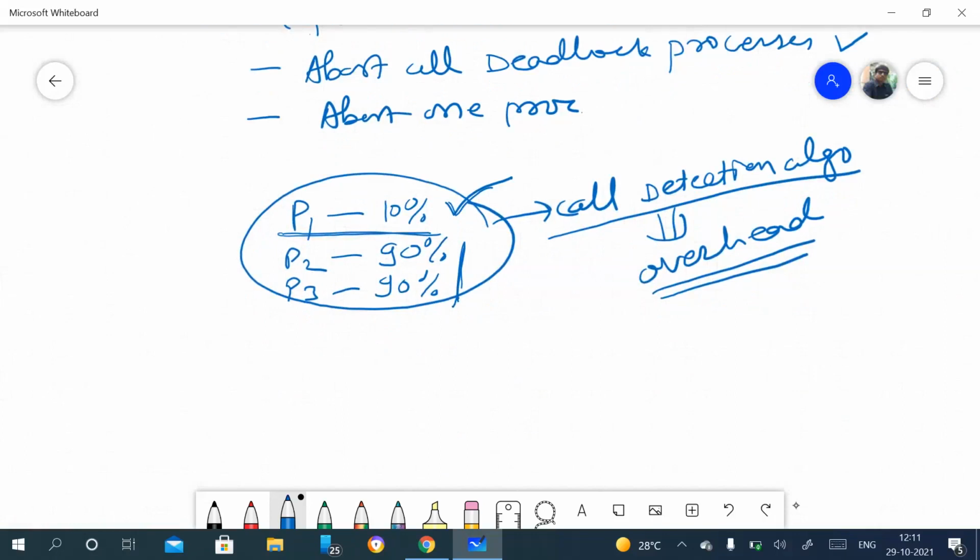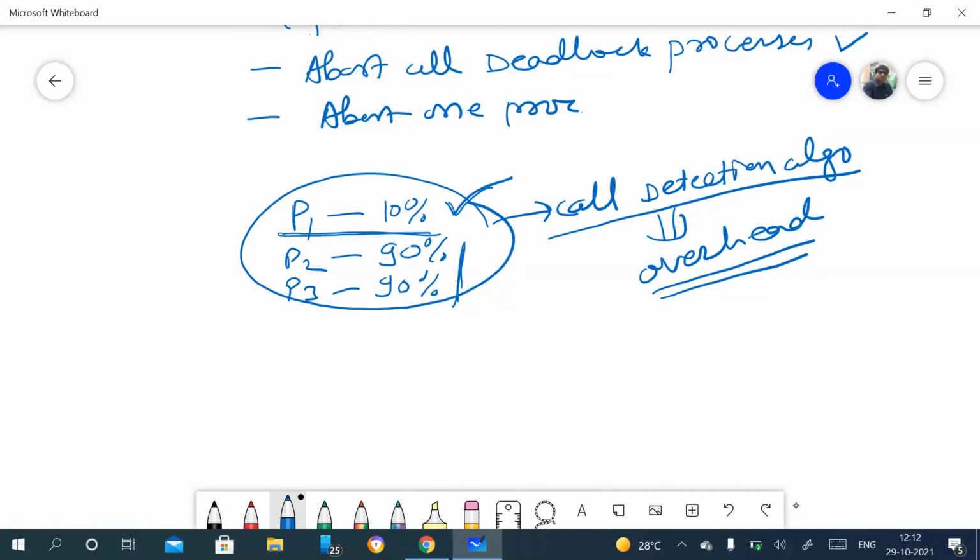So what would be a better solution? Just select the process which is very easy to abort, depending on some other criteria. The criteria are: check the priority of that process. If the priority is very high, then we cannot abort that process.